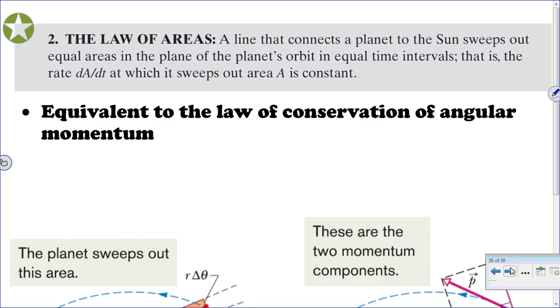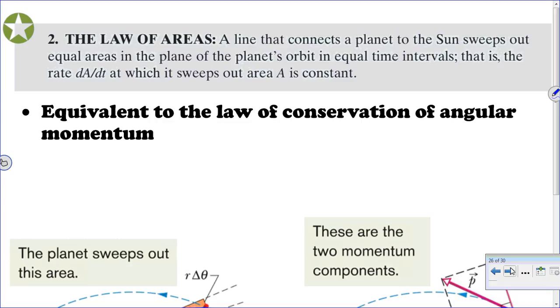All right. Big rule number 2. Kepler discovered, and this seems like a really weird thing to discover, basically that the closer the planet is to the sun, or the closer the moon is to the planet, or whatever, I'm going to talk about planets and suns just to simplify things, the faster it moves.